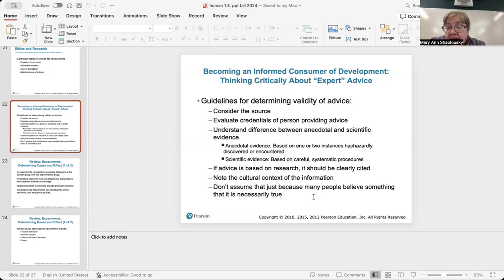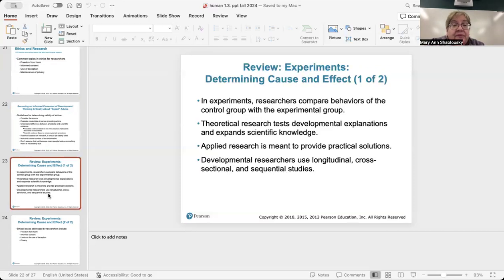Are things clearly cited in the research study and the research paper? Is there anything about the cultural context this experiment took place in that may have affected it in some way? And just because many people believe something doesn't mean that it's actually true. Everyone could believe one thing, but it could be completely false.